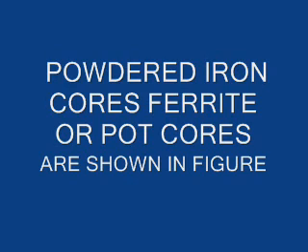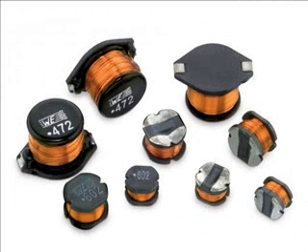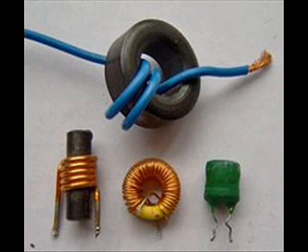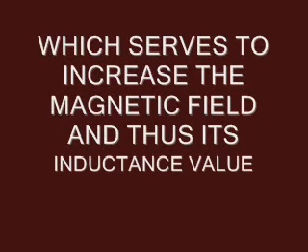Powdered iron cores, ferrite or pot cores, are shown in the figure that follows, which serves to increase the magnetic field and thus its inductance value.